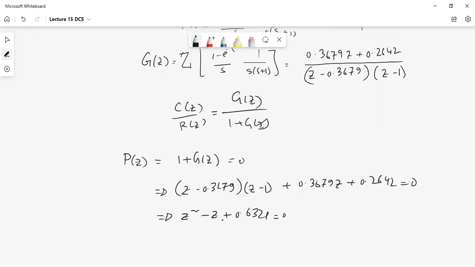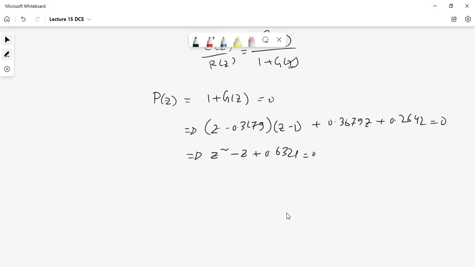Now, if we go for the solution of the quadratic equation, you're going to find z1 equal to 0.5 plus j 0.6181, and z2 will be 0.5 minus j 0.6181. They will appear as a complex conjugate pair, no doubt about it.